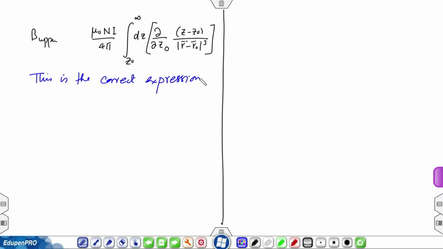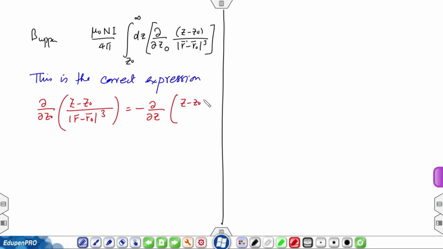This relates to my statement earlier that first you got to calculate the field due to each loop and then sum that field. Now, I am going to use a trick. I am going to say that d by dz0 of (z minus z0) over |r minus r0| cubed is equal to minus d by dz of (z minus z0) over |r minus r0| cubed.